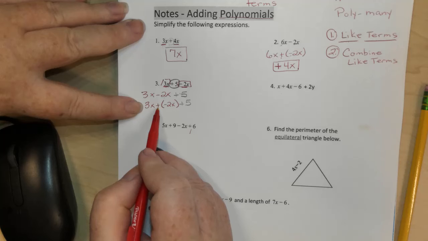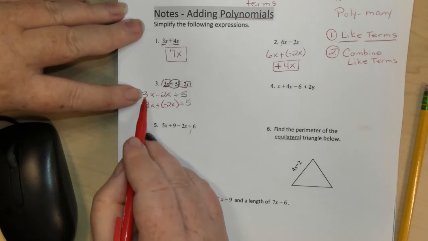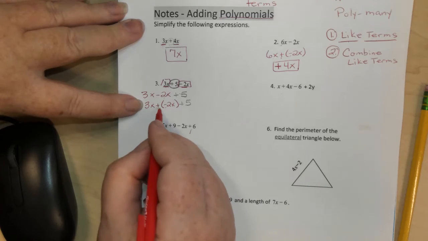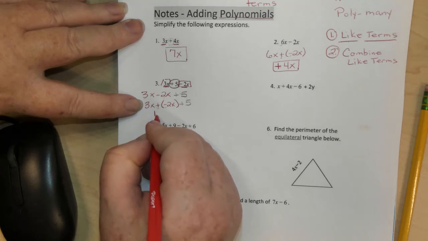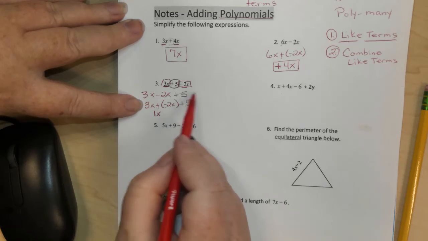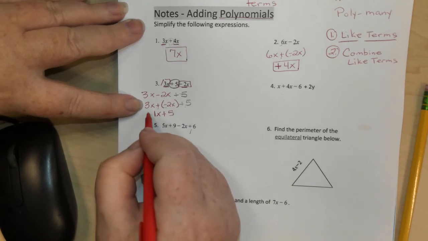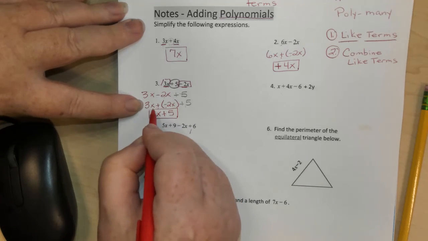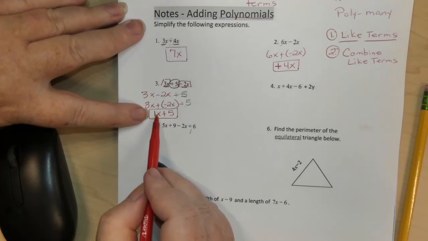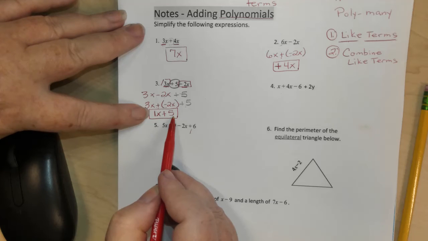We have a calculator, so we can do this in the calculator. If you don't remember what 3 plus negative 2 is, well, it's the same as 3 minus 2. 3 plus negative 2, our 5 over here, there's nothing to combine with it, so just bring it down. Now, that has an x. Does this 5 have an x on it? No. You do not have any more like terms.